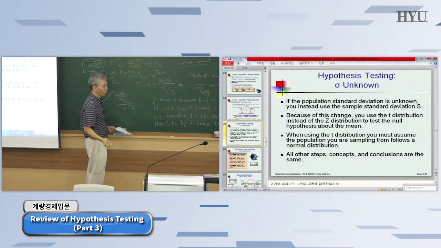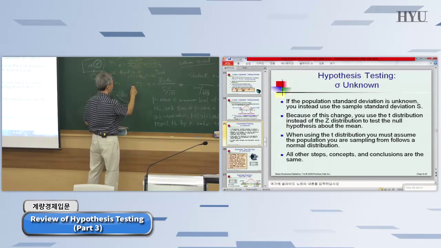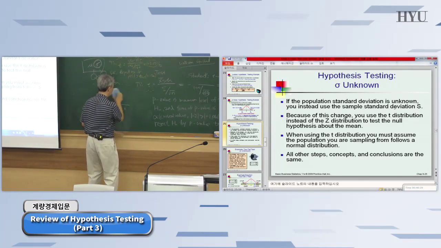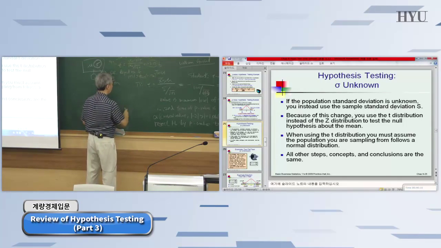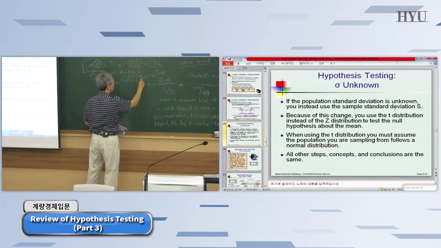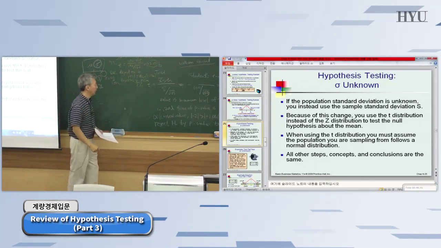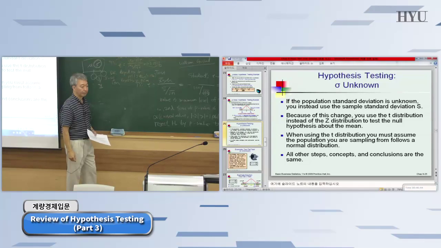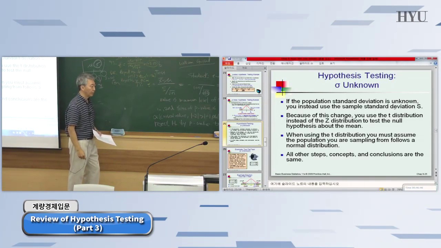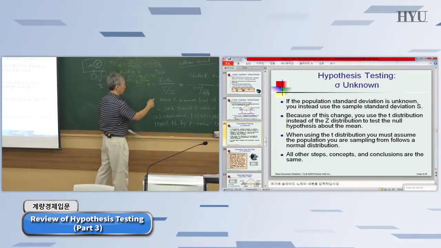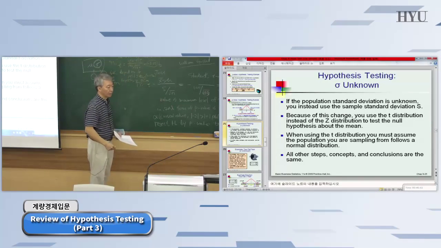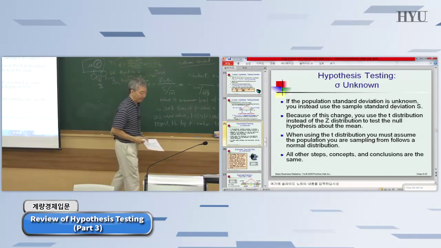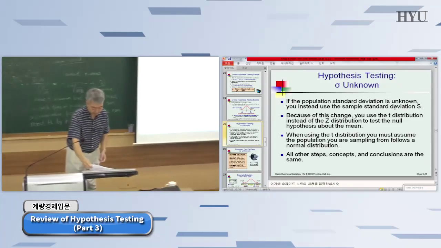If you're going to use the p-value approach, then you can calculate the p-value, and your decision rule will be reject the null hypothesis if p is less than alpha. Exactly the same as before. So the only difference is instead of sigma we use S, and instead of the Z table we're going to be using the T table. Alright, let me show you how the T table looks.